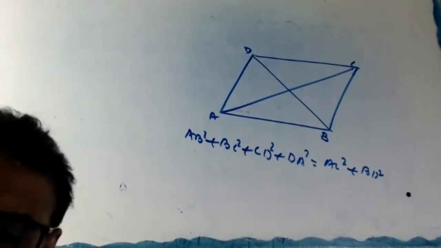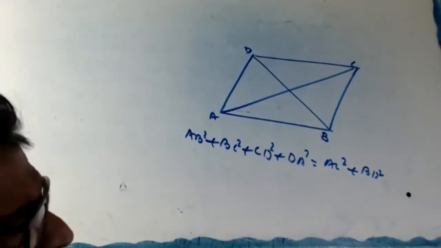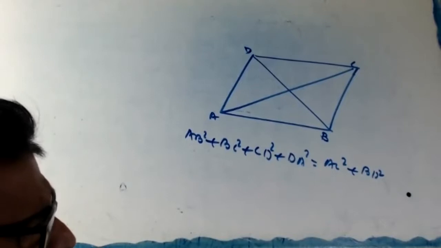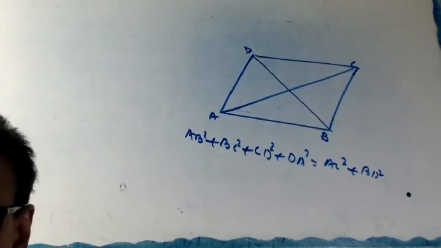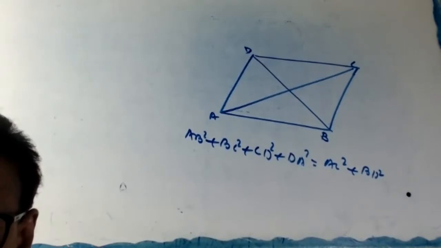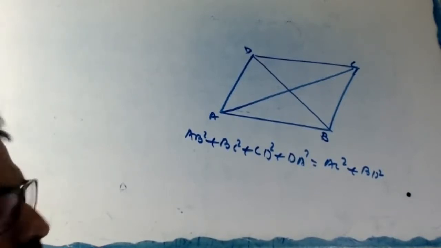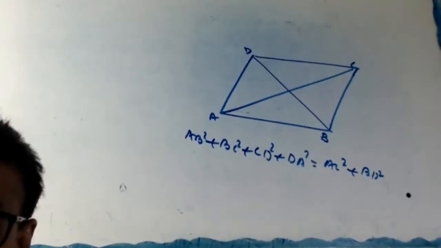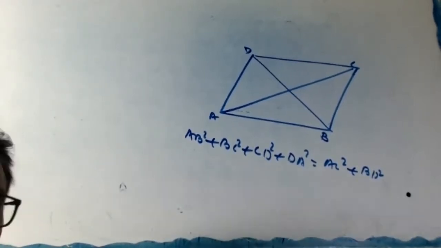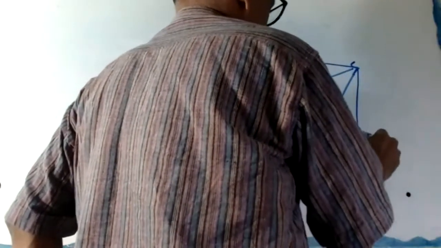Okay, how will you get the AC square here? We need one construction. What is that? How to get AC square? Draw a perpendicular, correct or no? You can draw a perpendicular here, this is outside, don't worry. E is on AB here. That I agree.